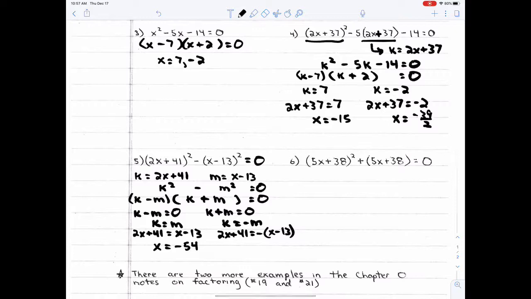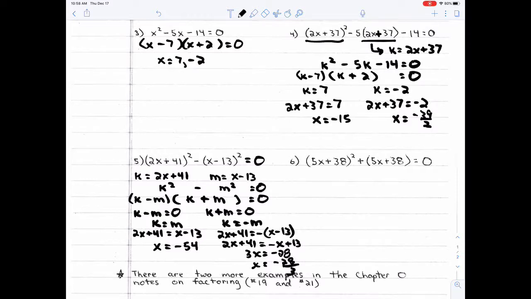And in this case, we'd have 3x equals negative 28, and x equals negative 28 thirds. Okay? And again, you can take your pick, whichever one you want.